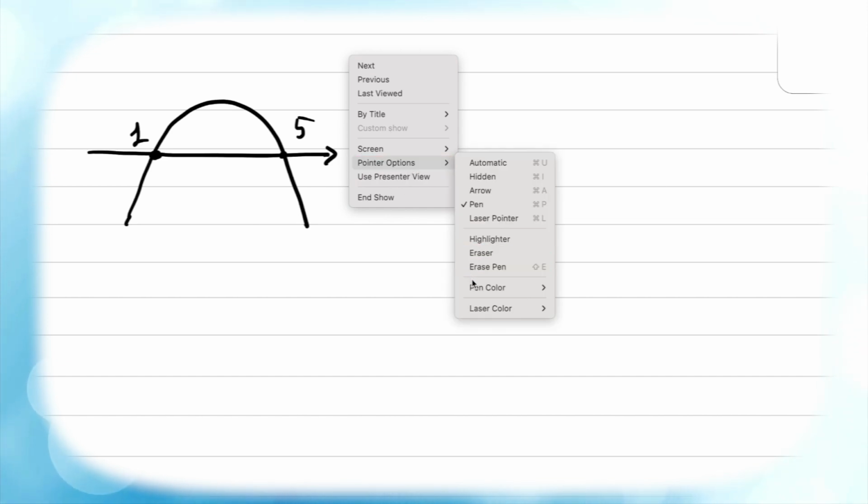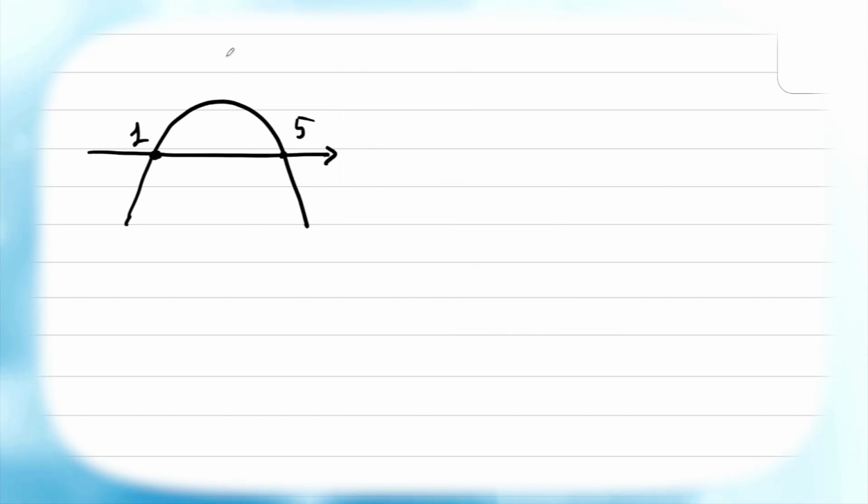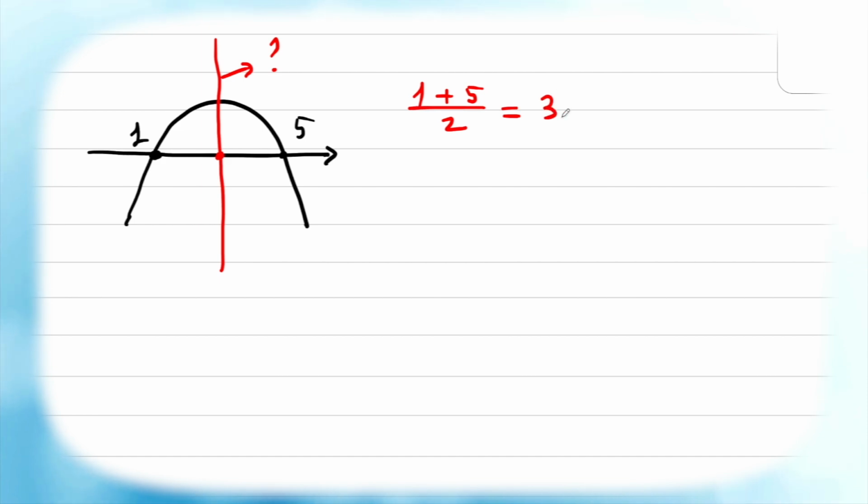We can see that the point at the symmetrical line will be the midpoint of 1 and 5. So what is the equation of this symmetrical line? Take 1 plus 5 divided by 2, and we get 3. This means the point has to be 3. So x equal to 3 will be the symmetrical line in this case.